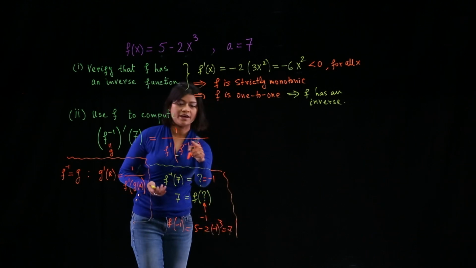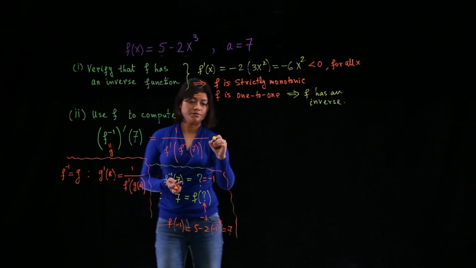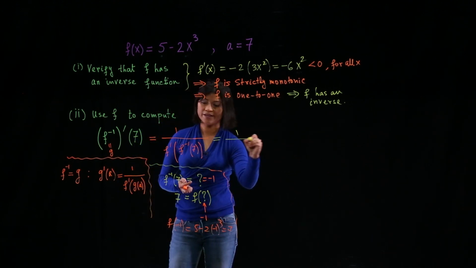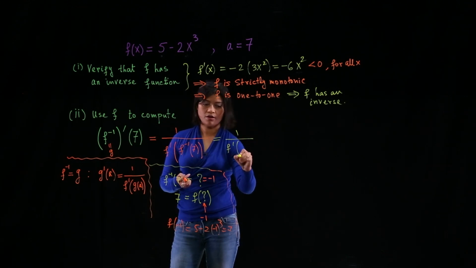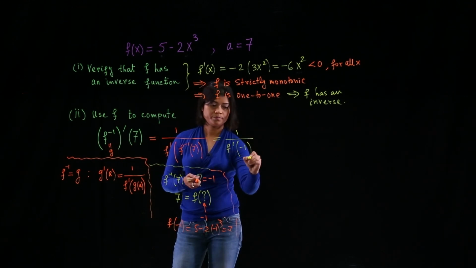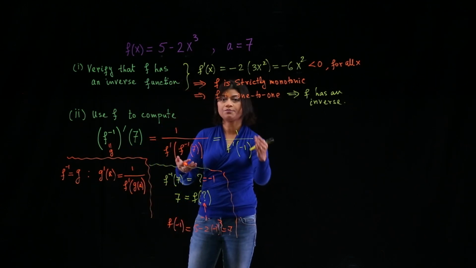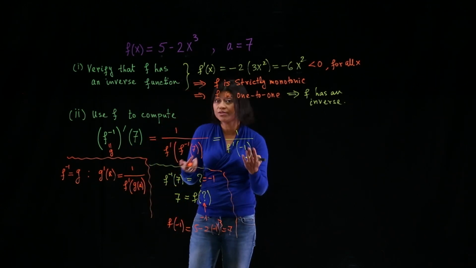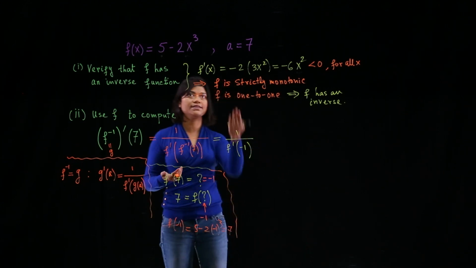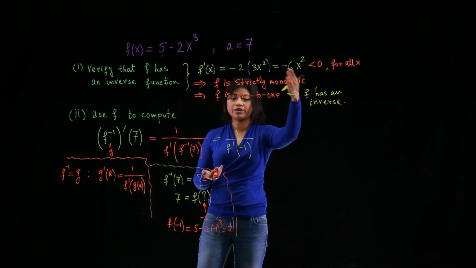All right, so we found this value. So then we have to figure out 1 divided by f prime of negative 1. So this is the part you have to remember. You cannot plug in 7. You have to figure out f inverse of 7 using the function f. And now it's very easy. We know the derivative is right here.